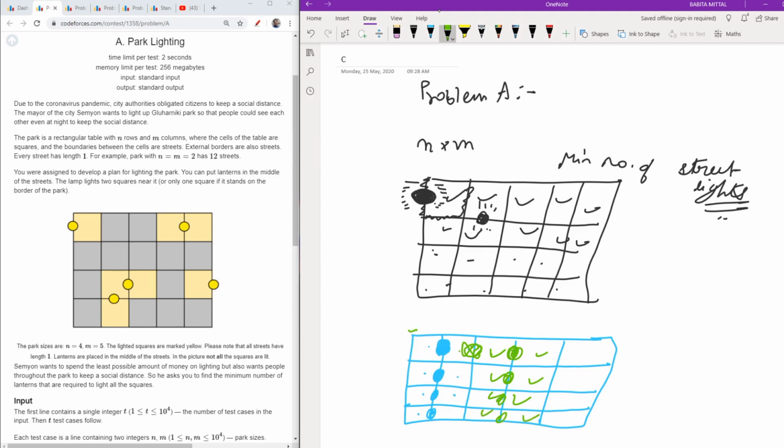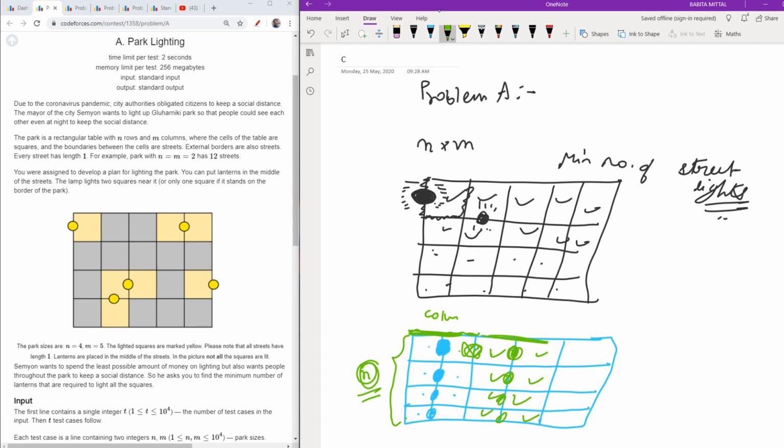So for these two columns I need one lamp, and for these n rows I need n lamps, which will include these two columns, and the same goes for this too.